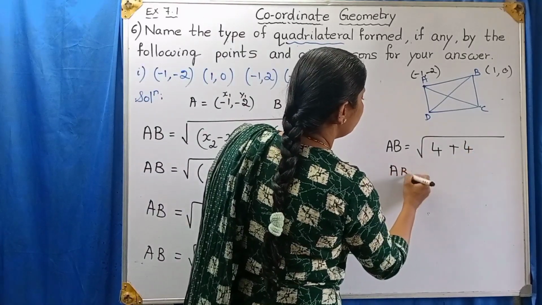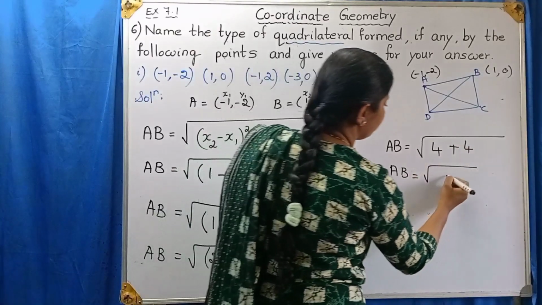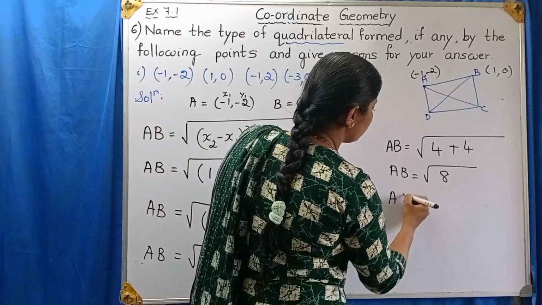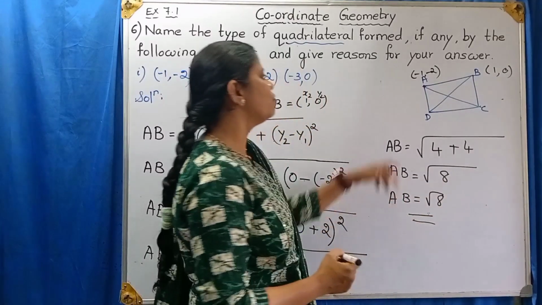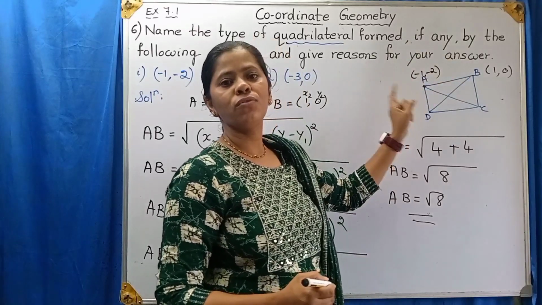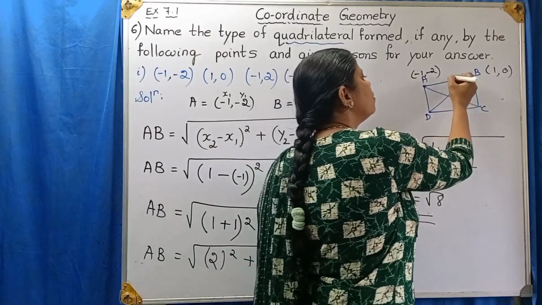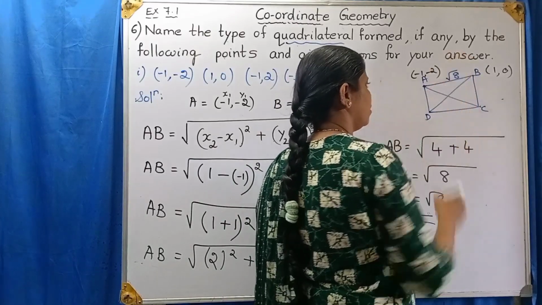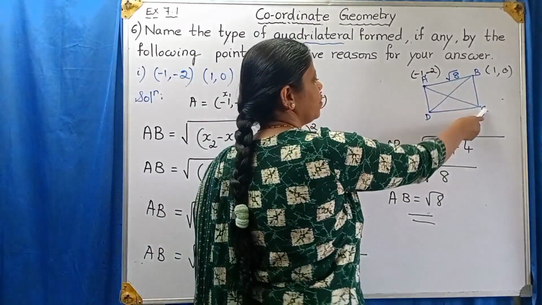AB is equal to 4 plus 4 is what? 8. AB is equal to square root of 8. The distance between AB is square root of 8. Let me write here. The distance between AB is square root of 8. Now let us find out the distance between BC.